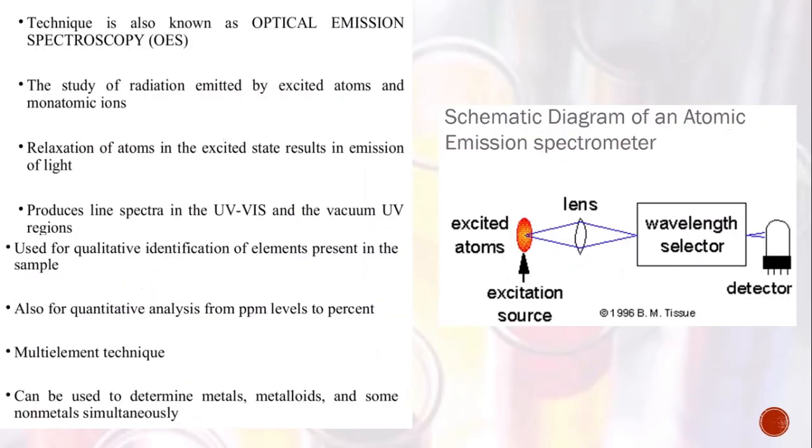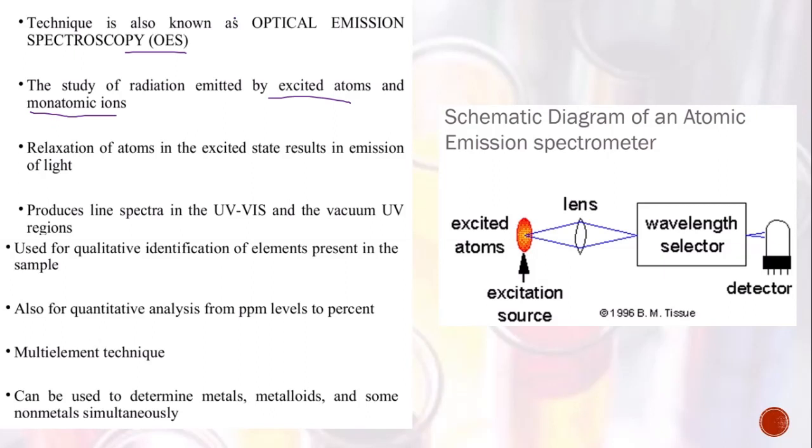Now, in emission, we usually don't have a radiation source. Here we have an excitation source to excite from a lower energy level to a higher one, and then measure the decay or the emission when we have the return to a lower energy level.